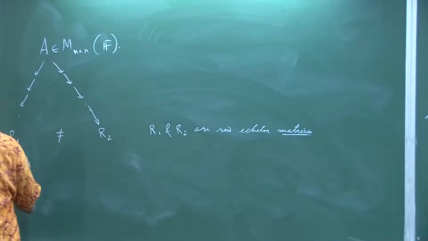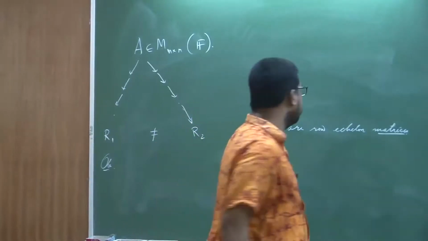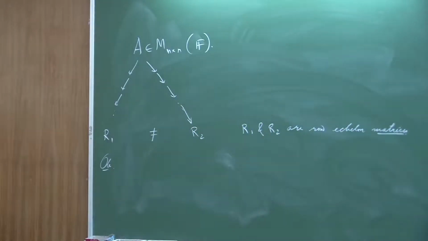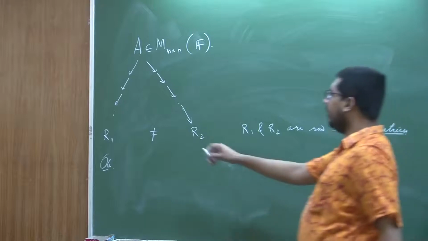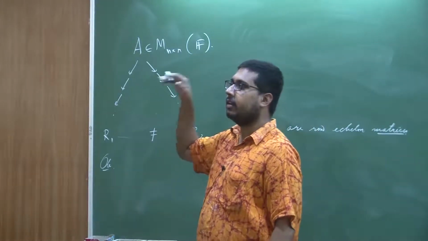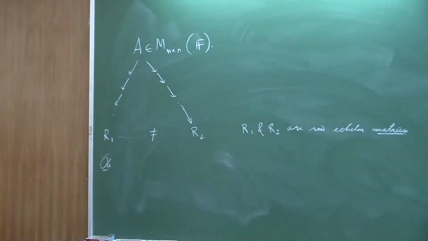First observation is that R1 and R2, since they are both equivalent to A, are also equivalent to each other. That means from R1, by applying finitely many elementary row operations, we can arrive at R2 and vice versa.